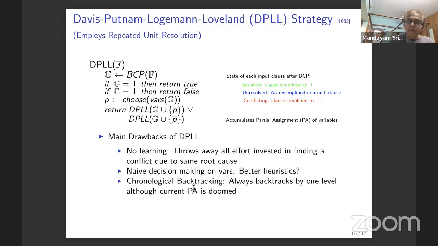And then there is non-chronological backtracking. You skip levels based on certain heuristics. This is very much tied to learning from conflict, and there is a criterion to indicate what level to backtrack to. So that is bullet number one and bullet number two.